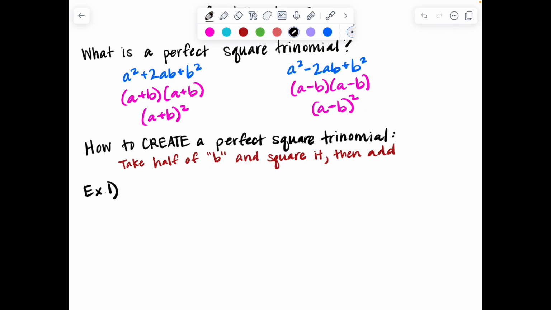So we're not going to be solving it. We're just going to practice making a binomial a perfect square trinomial.